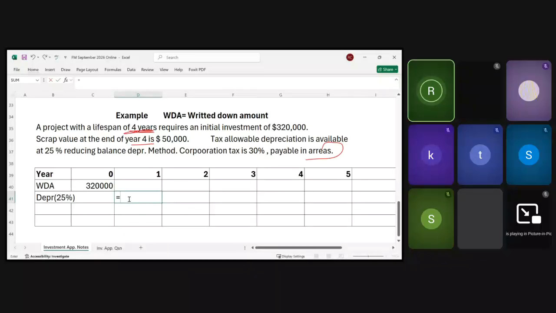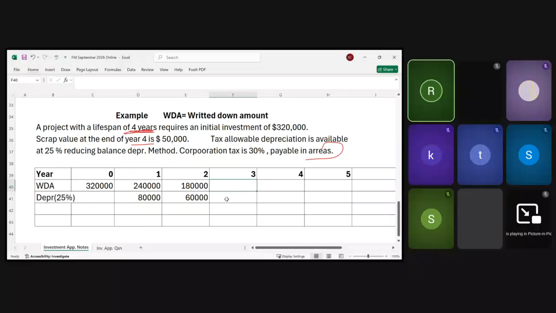So 25% times this amount is my depreciation in year 1. After depreciating my asset, I want to see the net book value. The written down amount is initial minus the current depreciation. I go again in year 2. I calculate 25% times this written down amount, and this minus that gives me the WDA.